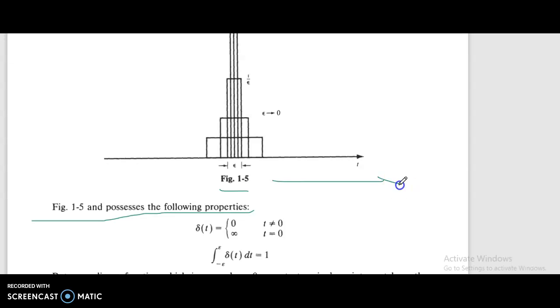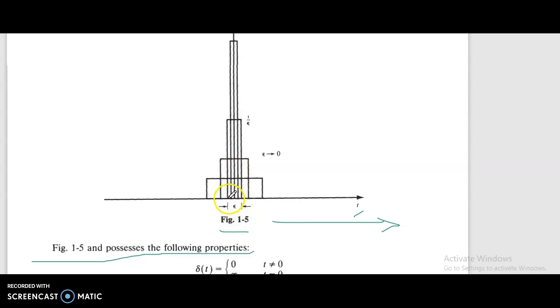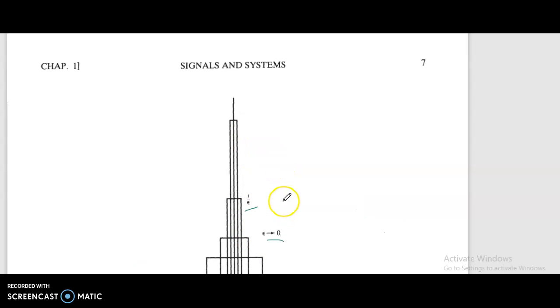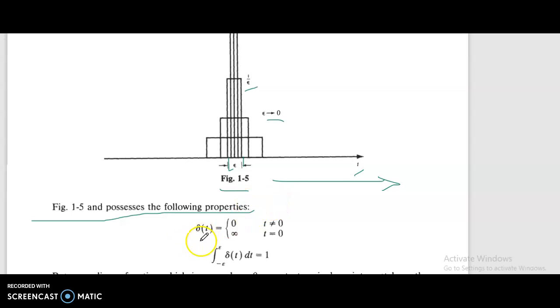In this figure, the area is epsilon here, epsilon, and the height is 1 by epsilon. Delta of t equals 0 when t is not equal to 0; the condition for infinity is t equal to 0.